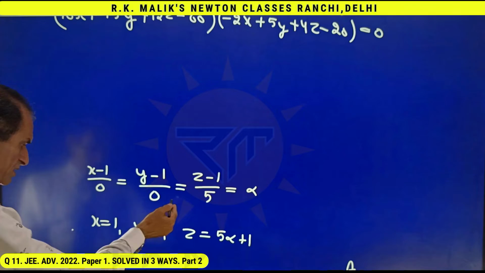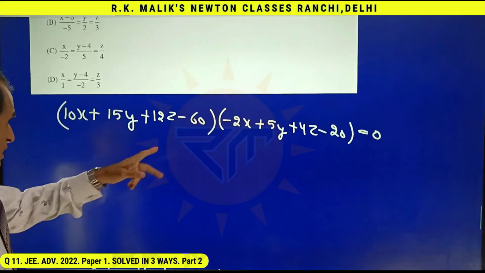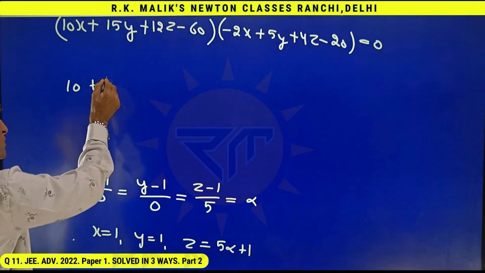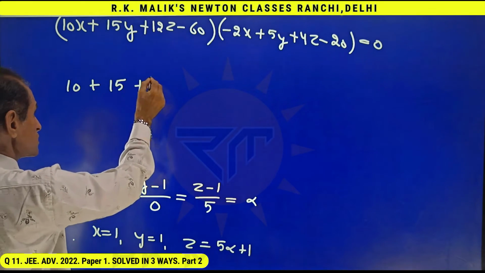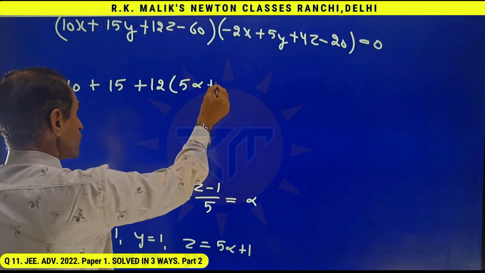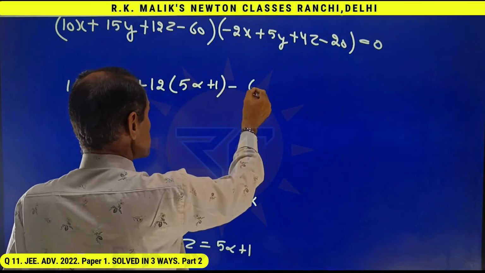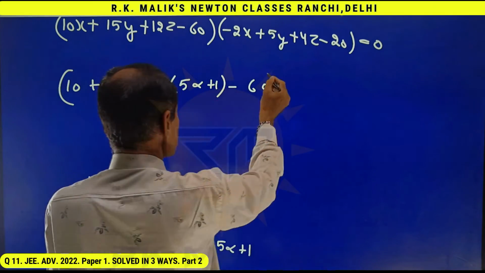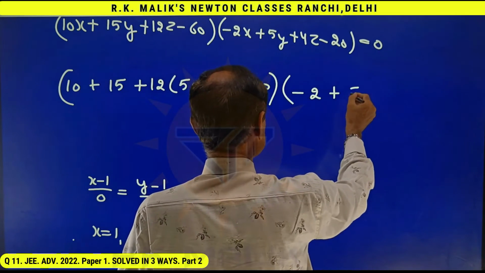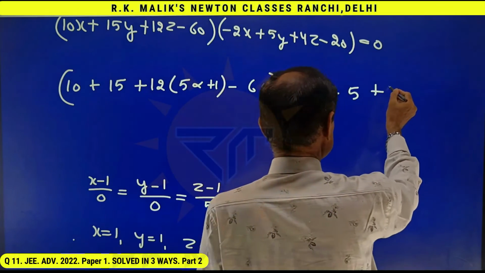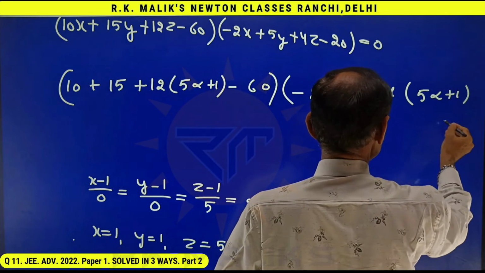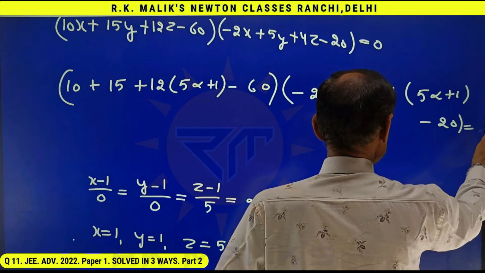Now putting this point in this equation, I get 10 plus 15 plus 12 into 5 alpha plus 1 minus 60 into minus 2 plus 5 plus 4 into 5 alpha plus 1 minus 20 equal 0.